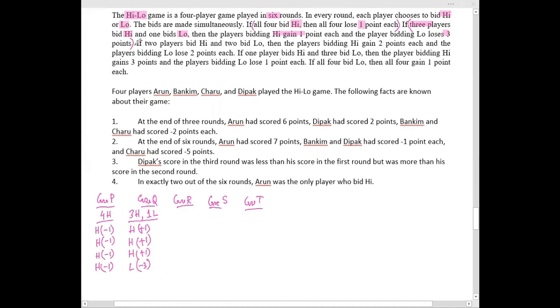Next one, if two players bid high and two low, then the players bidding high gain 2 points each and the players bidding low lose 2 points each. This is our case R, 2 high, 2 low. Both high receive +2 and both low get -2.